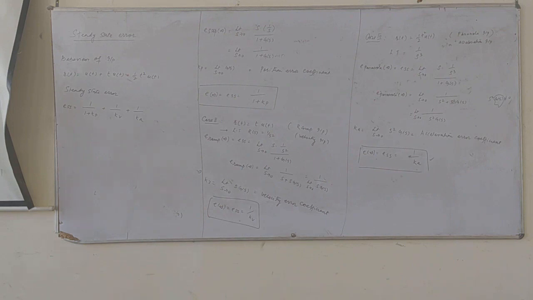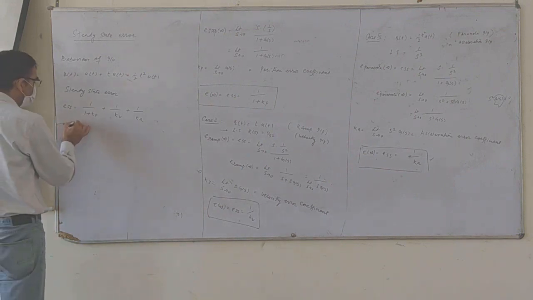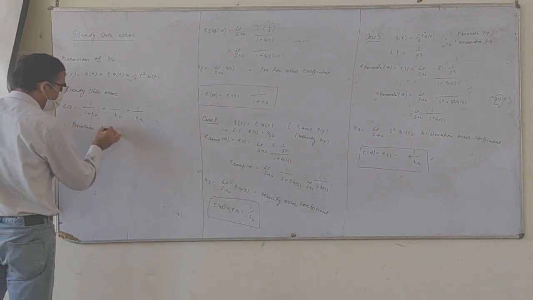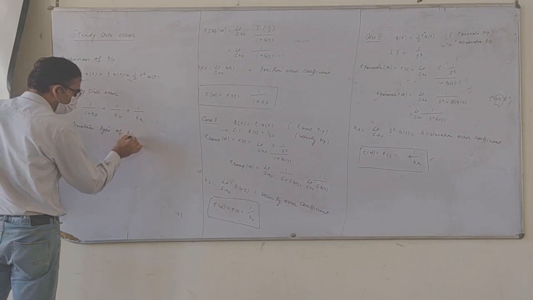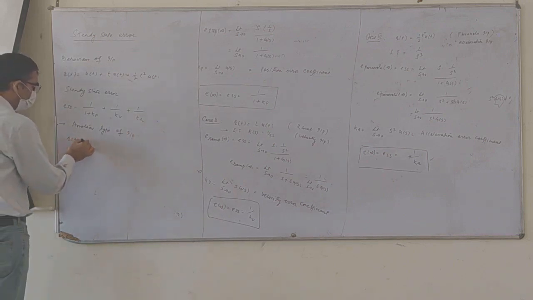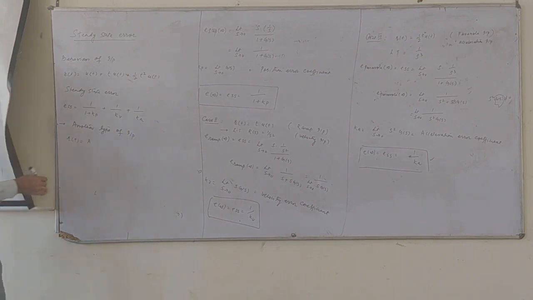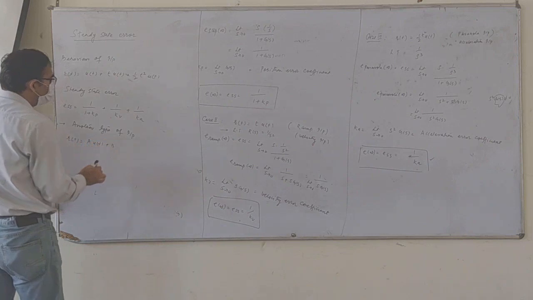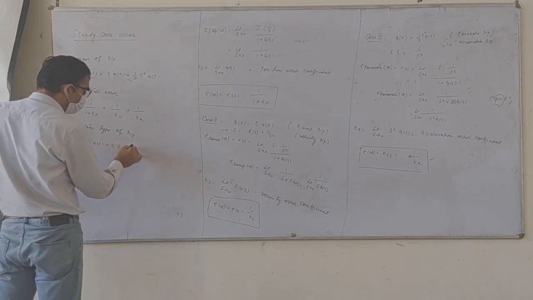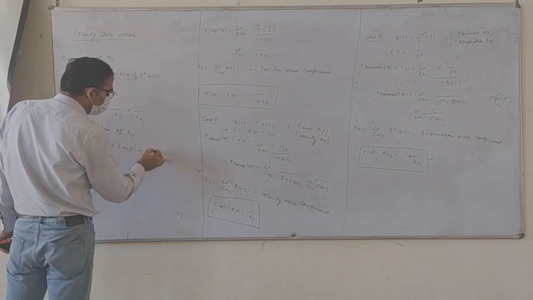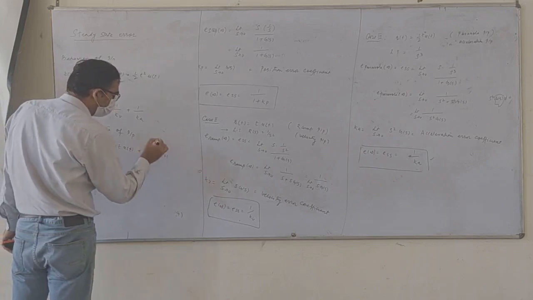Next, another type of input I have. This is a complete input. Another type of input is, let me write it: A u of t, then B t u of t, and then C t square u of t.